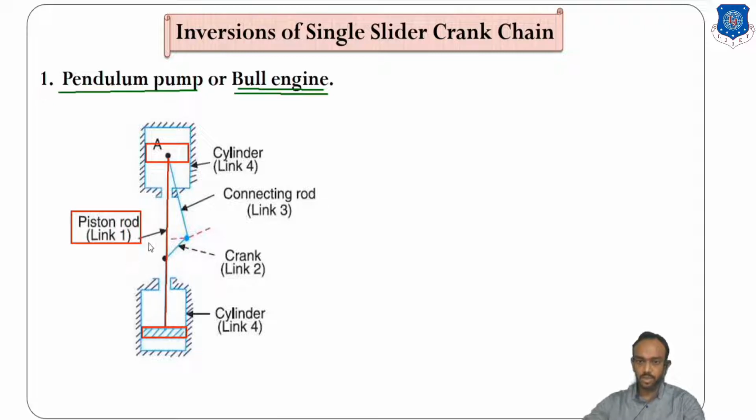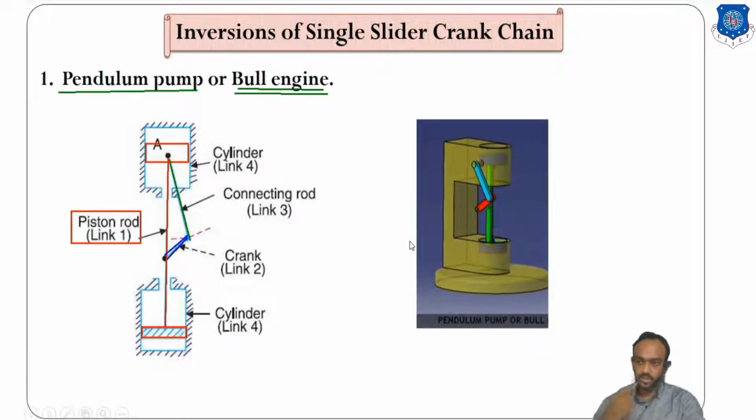The second link is this crank, and the third link is the connecting rod. That's how these four links are connected. You can see in this animation, double acting means both piston and connecting rod move in a single motion.